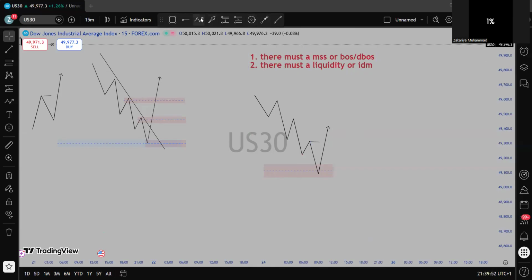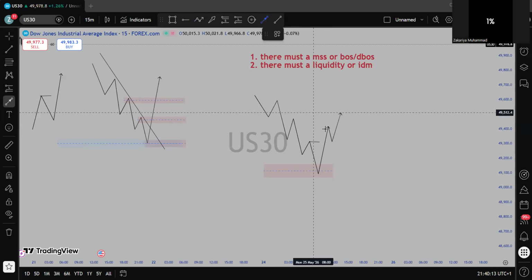I said inducement liquidity is the first pullback when market breaks a structure. When market breaks a structure to the upside or downside, the first retracement market makes immediately after the break of structure is called an inducement.